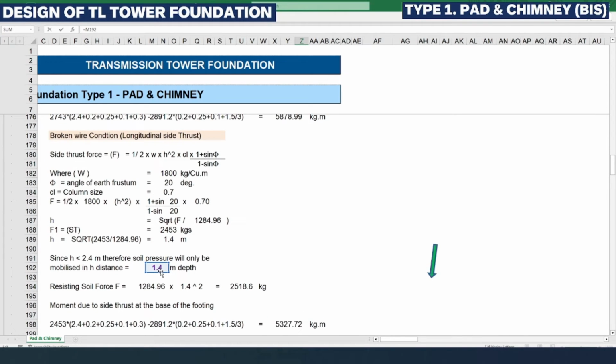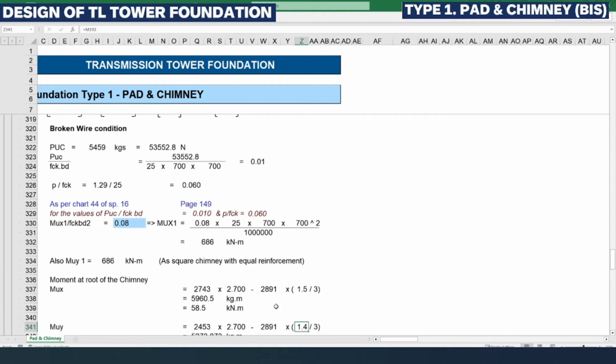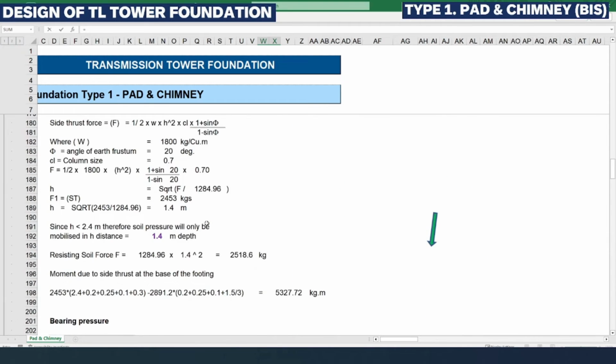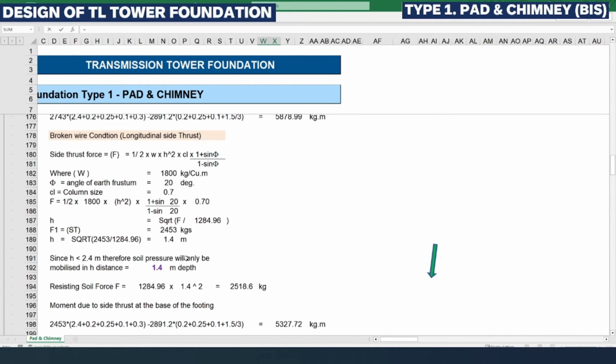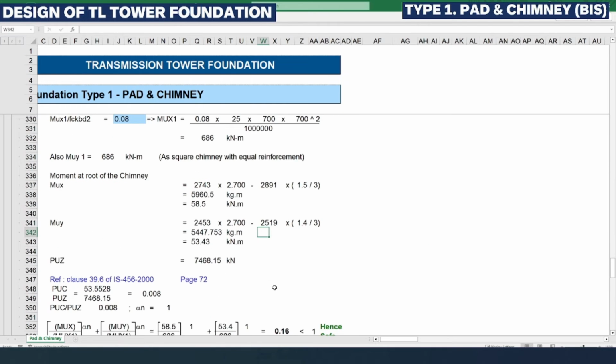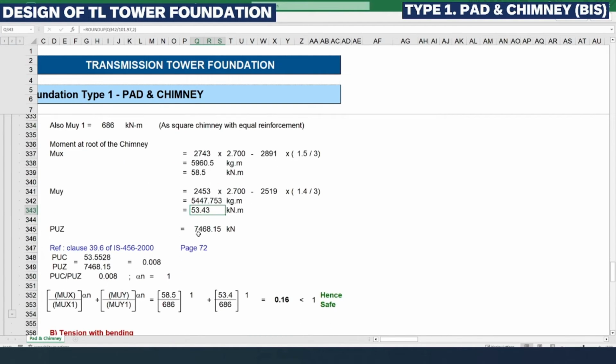So it is 1.4 meter, and this soil resisting force we need to consider as per the broken wire condition longitudinal side thrust. This soil force we need to consider. So accordingly the MUY is 53.43.